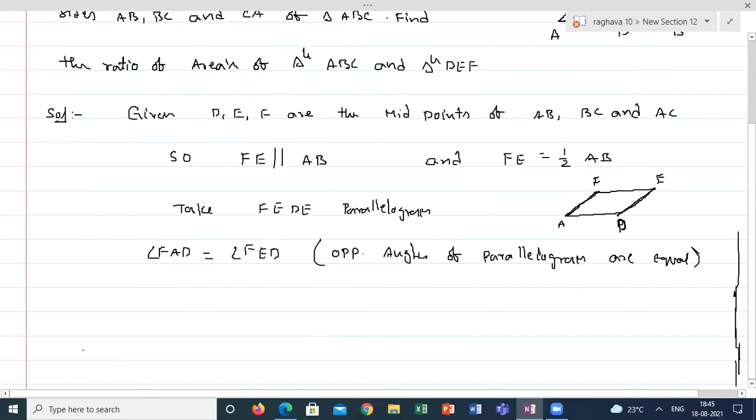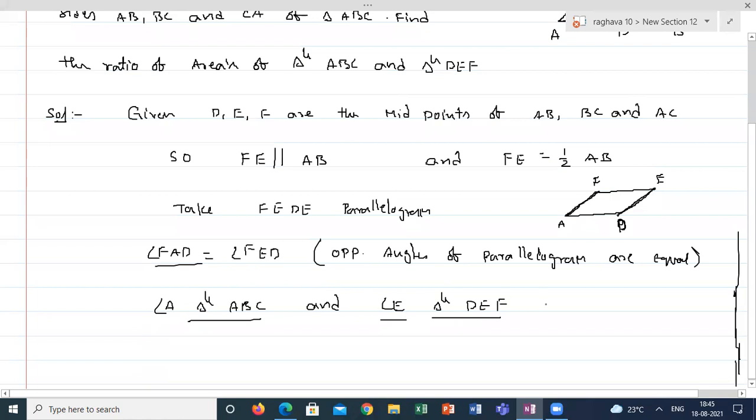So angle A of triangle ABC and angle E of triangle DEF. See, FAD is angle A of triangle ABC, angle E is the triangle DEF angle.